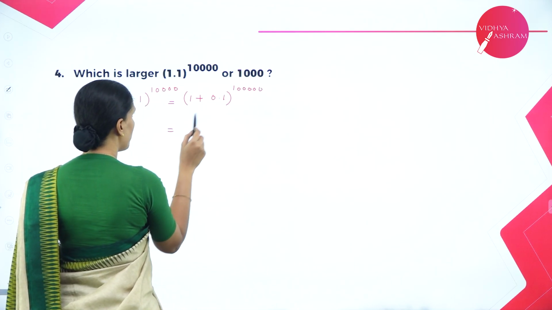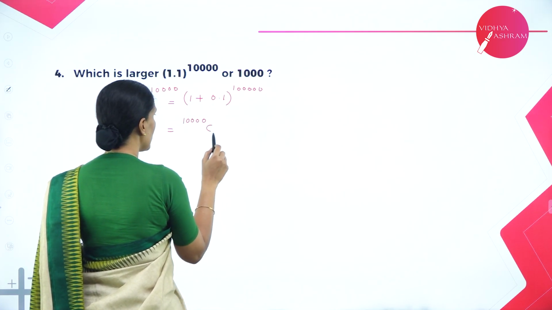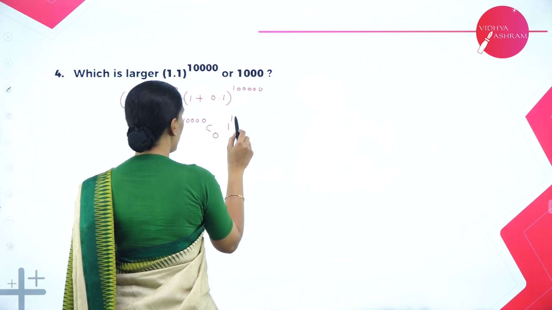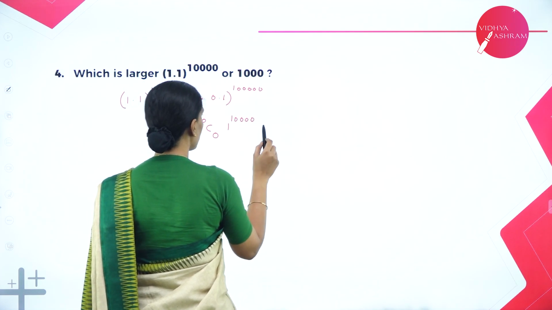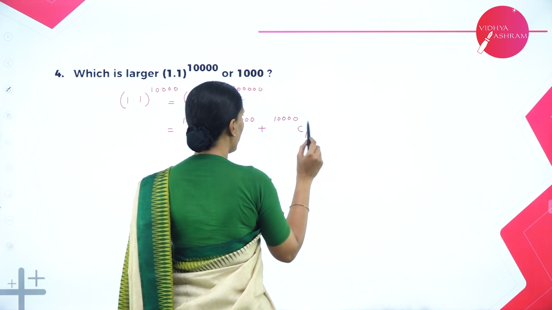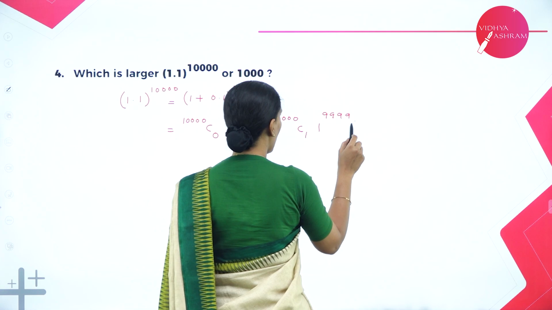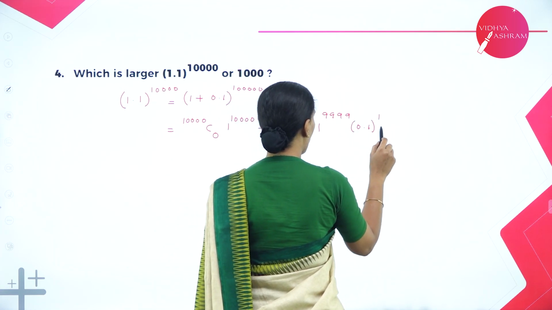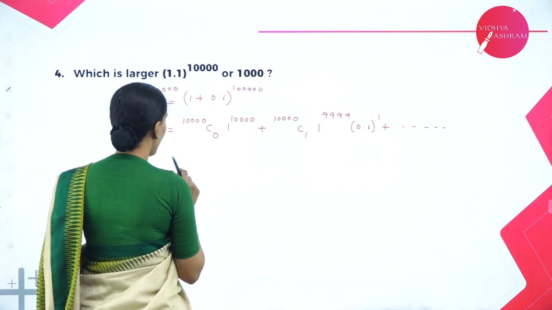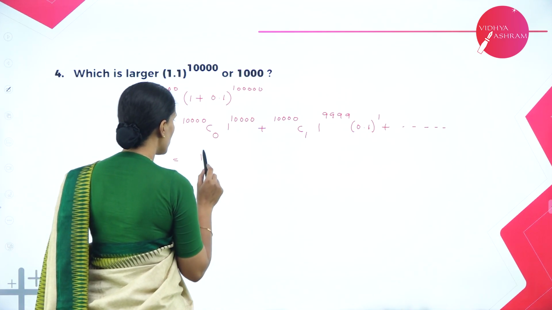Now this can be expressed as 10,000 C0 1 to the power 10,000 plus 10,000 C1 1 to the power 9999 and 0.1 to the power 1 plus etc. So if we expand this, here we'll get 1, 1 into 1 power 10,000 is 1.